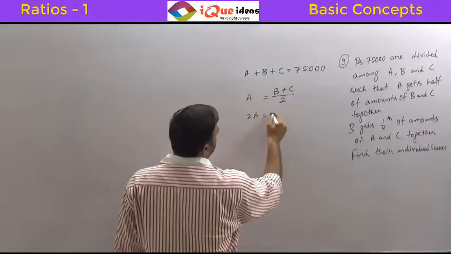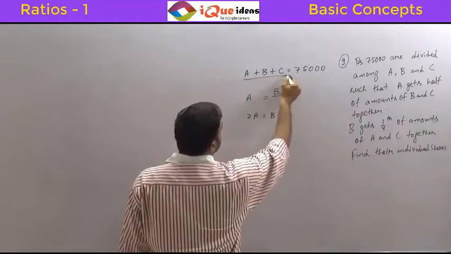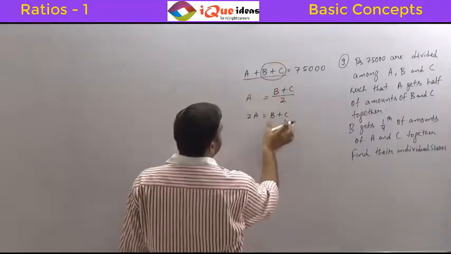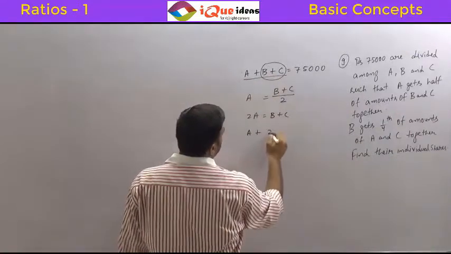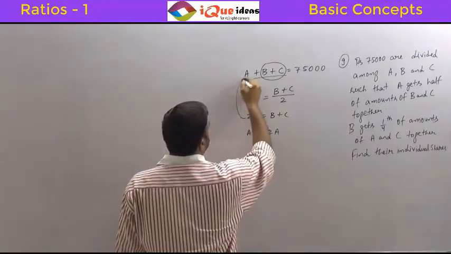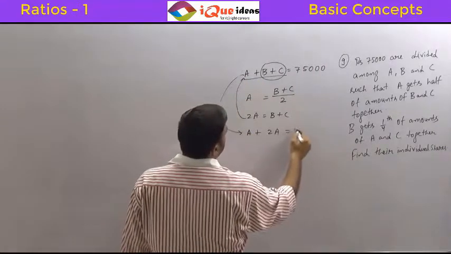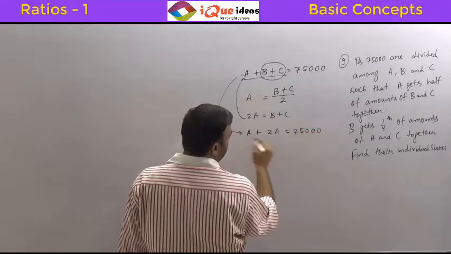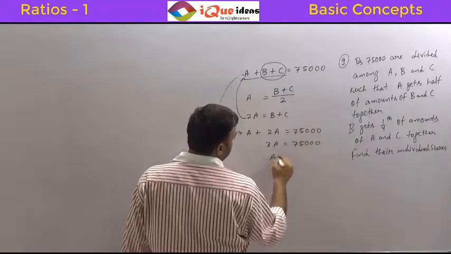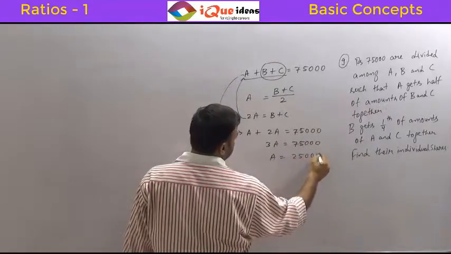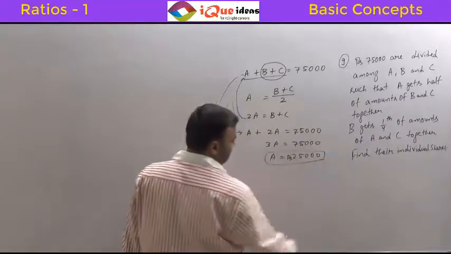So 2A is equal to B plus C. Now in this equation, in place of B plus C, write 2A. So it will become A plus 2A, right? And that is 75,000. So 3A is 75,000. So A's share is 25,000 rupees.